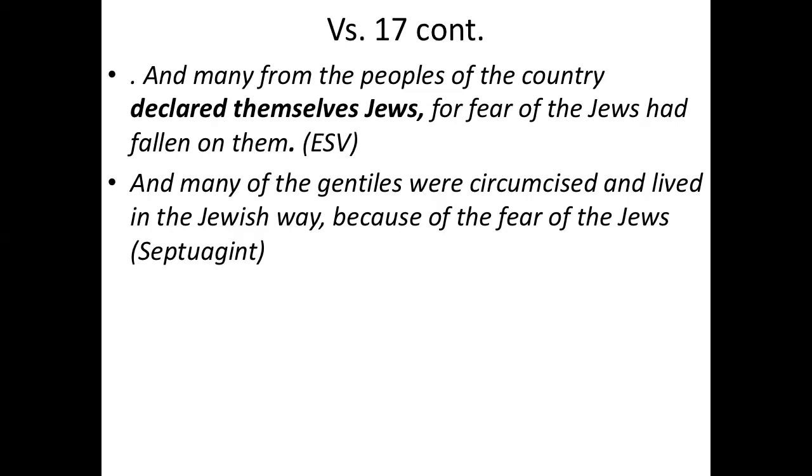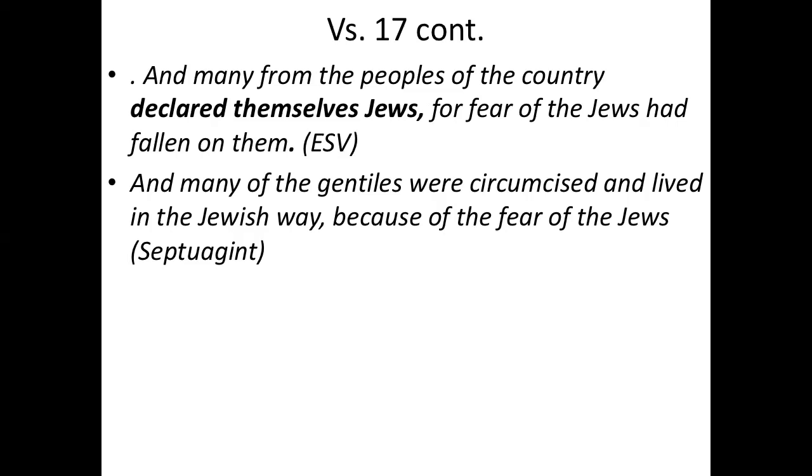Again, the whole story of Esther, on purpose, it looks like, doesn't mention God, but you see God in everything. So living in the Jewish way meant that you have now abandoned your old gods and you've gone with Yahweh. The circumcision and living the Jewish way means you've become one of the people that does all of those things.